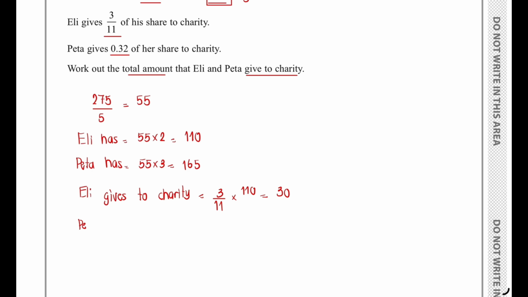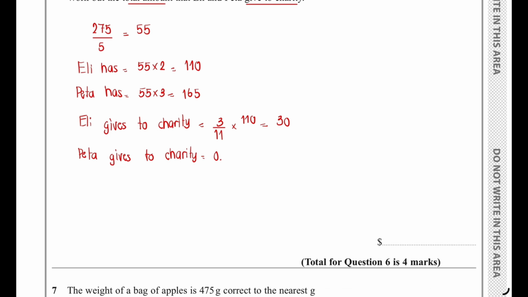And Peter gives to charity equal to 0.32 times 165, which is equal to 57.75.